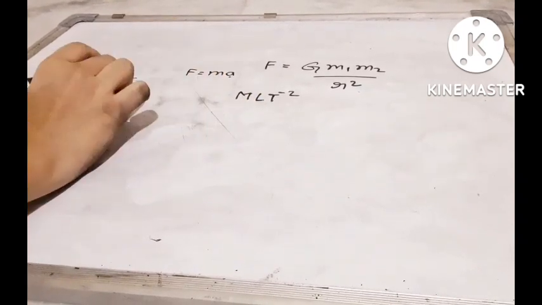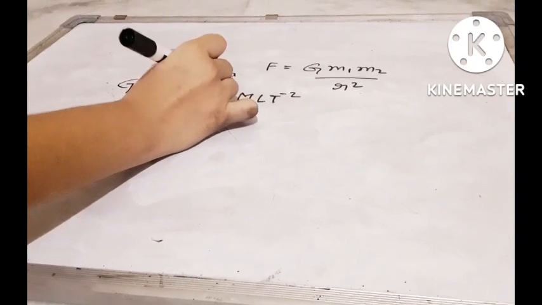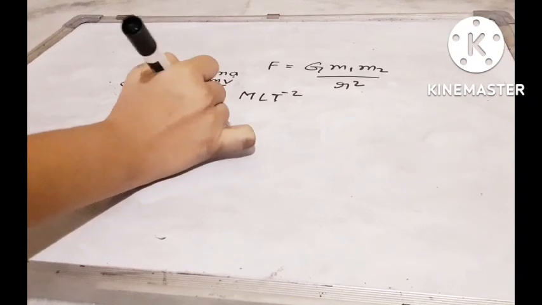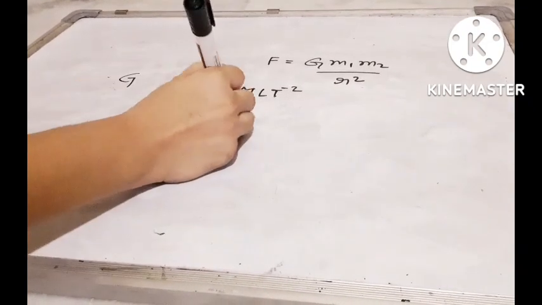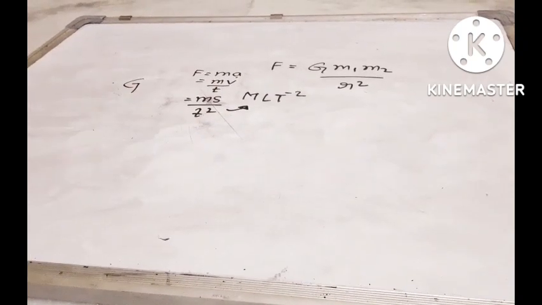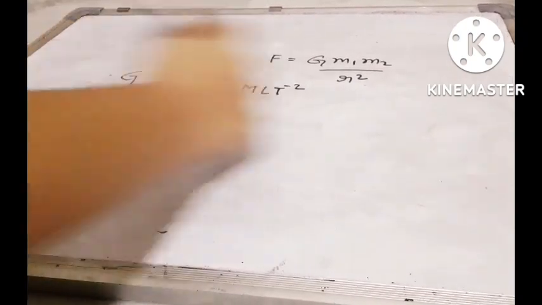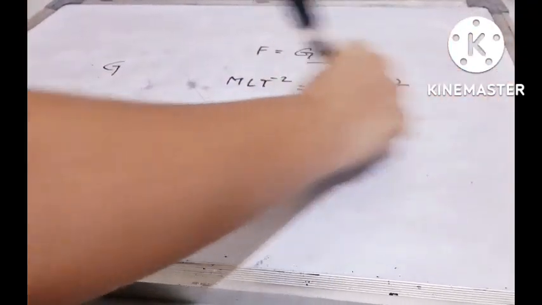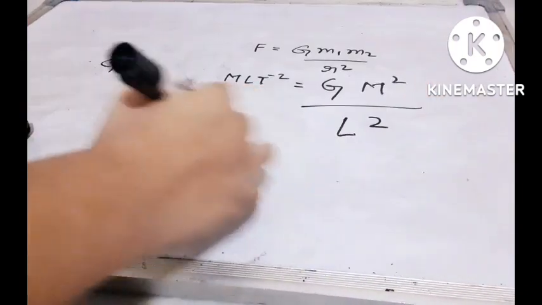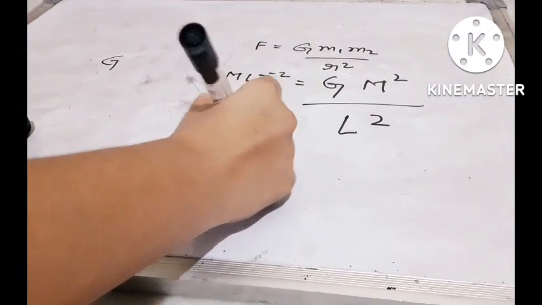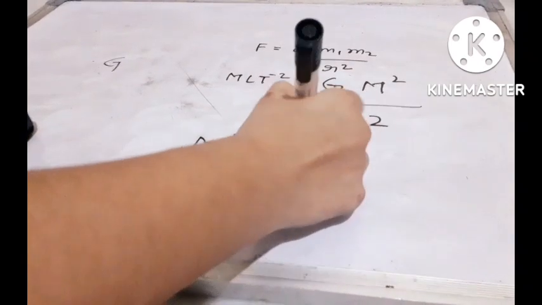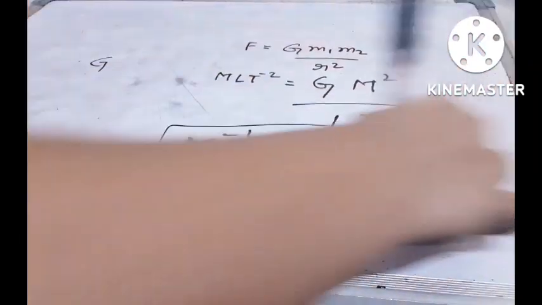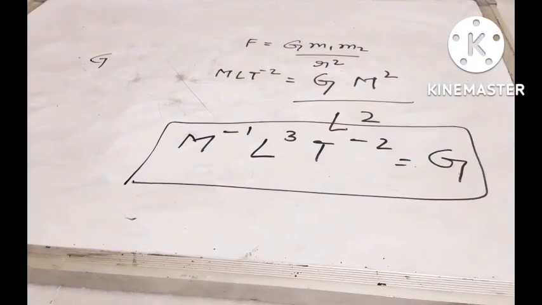A is acceleration, m is mass. Acceleration can be written as velocity by time, and velocity can be written as distance by time, so T square it becomes. So from here you get these dimensions for the force. This is equal to G, and these are masses, so I can write M square directly, and for this I can write L square. So you will get M to the power minus 1, L to the power 3, T to the power minus 2 as the dimension for G, the gravitational constant.